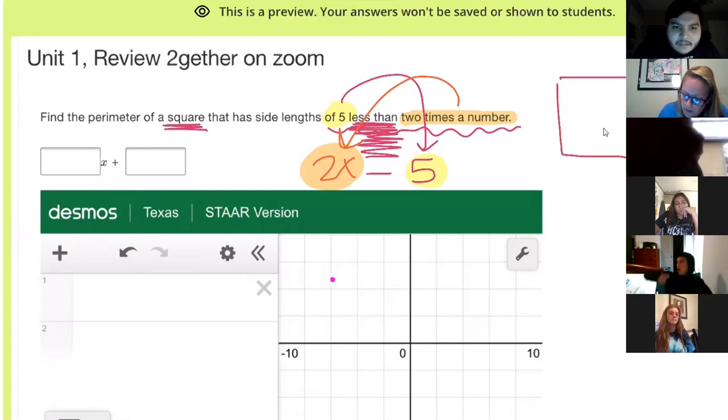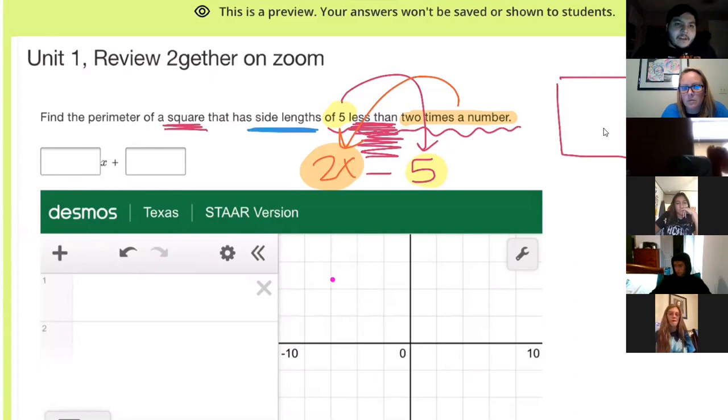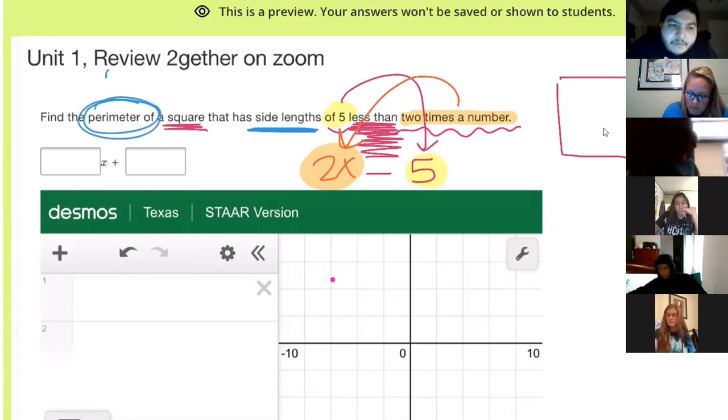All right, keep going. Before that, at the beginning, it says has a side length. So that's just one side of the square. And since that's one side of the square, you need to find the perimeter. And chat, what is the definition of perimeter to you?